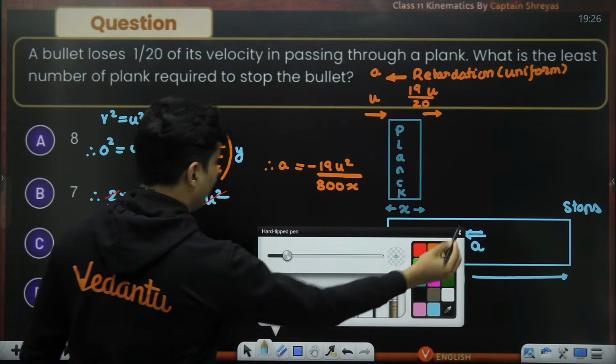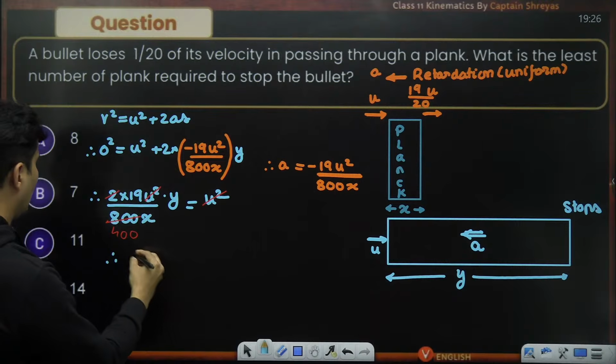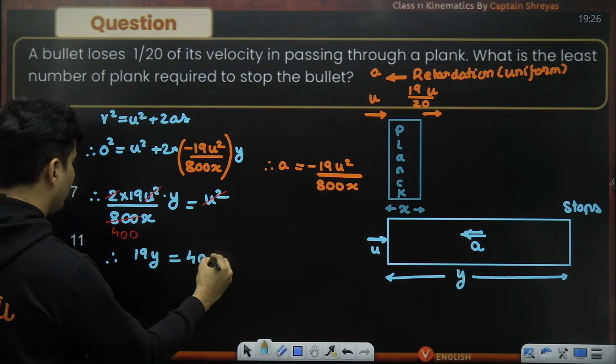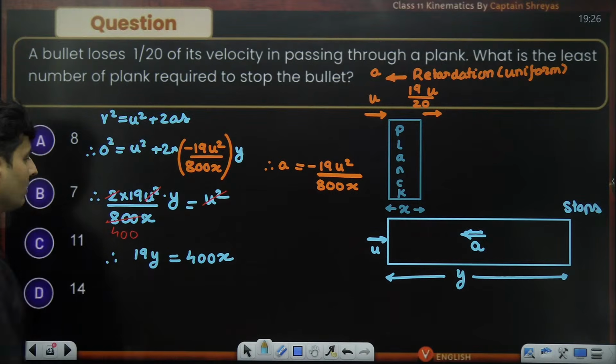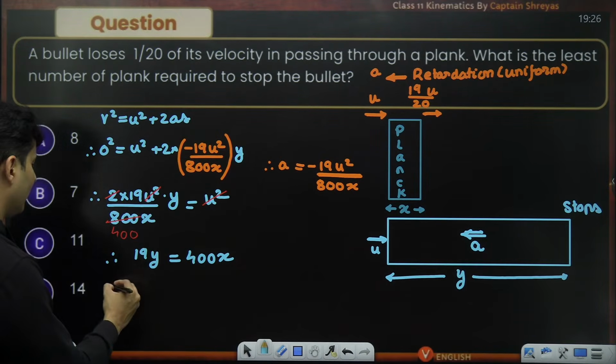Okay, perfect. So what do I have over here? I have 19y is equal to 400x.